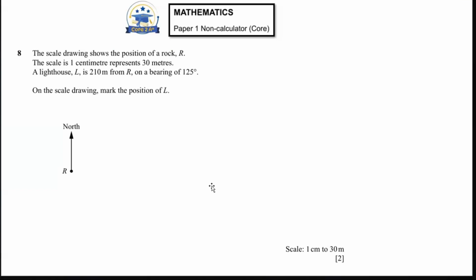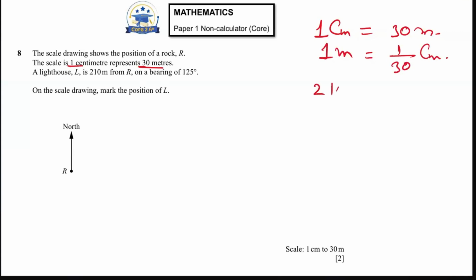First of all, you can see here 1 centimeter is equal to 30 meters. So 1 meter is 1 over 30 centimeter, and 210 meters would be 210 times 1 over 30 centimeter.